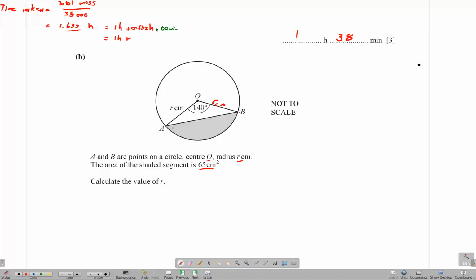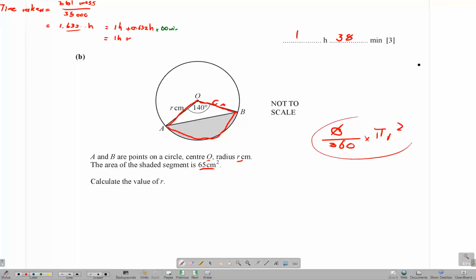Firstly, we know what the area of this little portion is, right? So let's write down how we could define this shaded segment, okay? So we could just take this segment here, okay? So this total portion, and remember, this is just a fraction of a circle with a formula of phi over 360 times pi r squared, right?